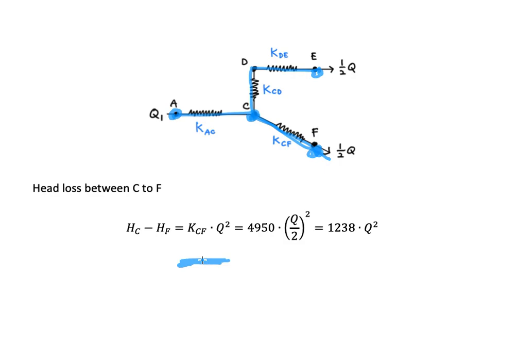According to the table, KCF, the resistance for this one, is equal to 4,950, but the flow rate here is Q over 2. So we write Q over 2 squared, and we have 1,238 Q square.